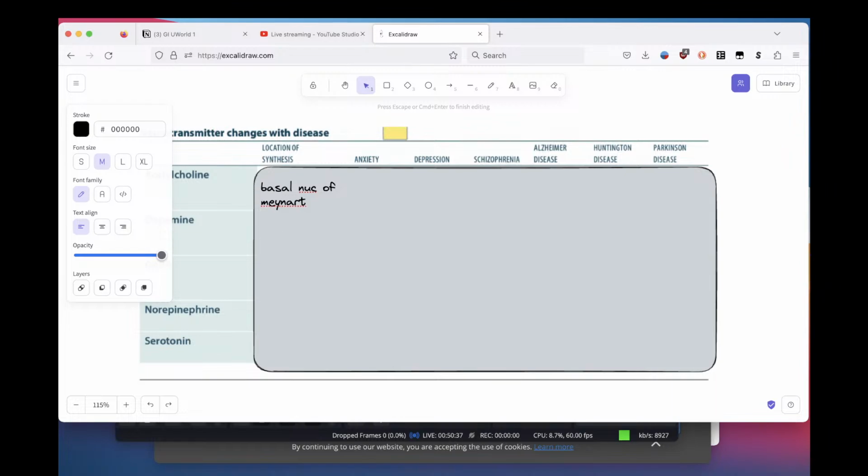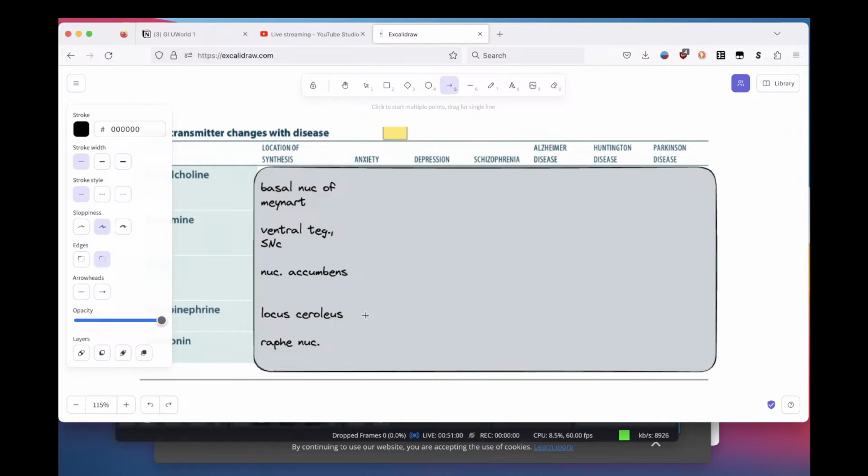Dopamine is ventral tegmentum, and then substantia nigra pars compacta. GABA is nucleus accumbens. Norepi is in locus ceruleus, and serotonin is in the raphe nuclei.